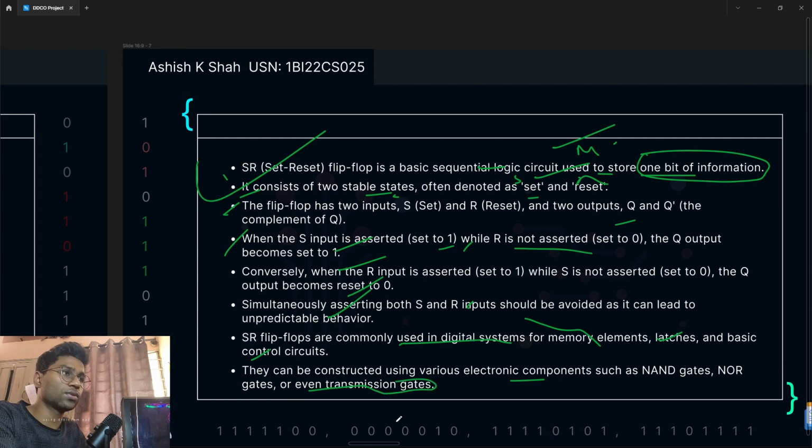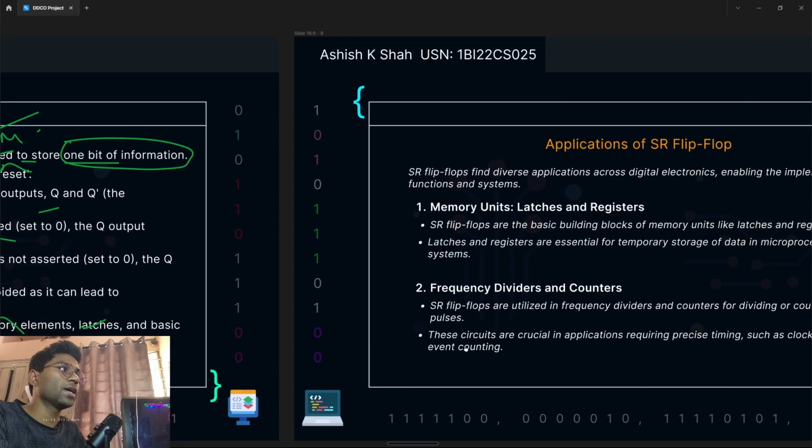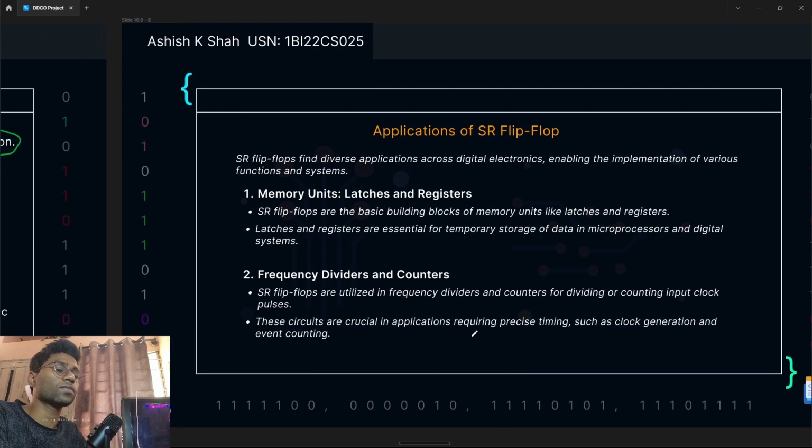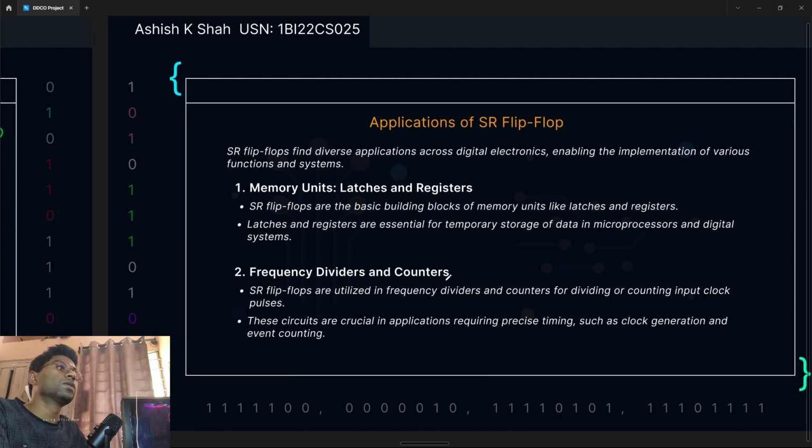So let's go to the applications of SR flip flop. SR flip flops find diverse applications across digital electronics, because in the digital era we can't survive without memory. If we are doing anything, we have to store our data or information in this digital world.